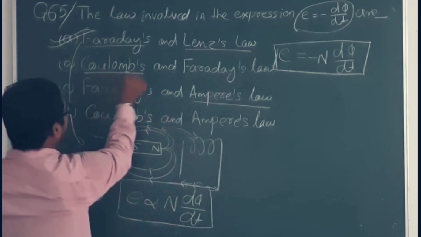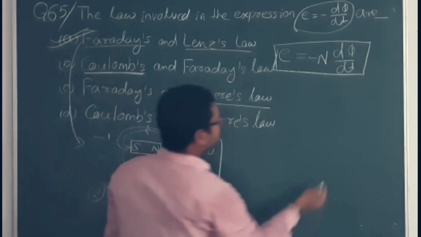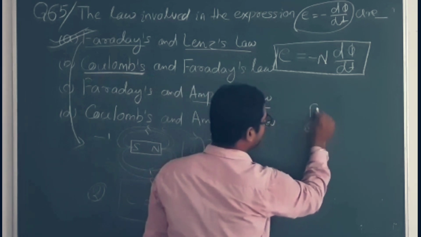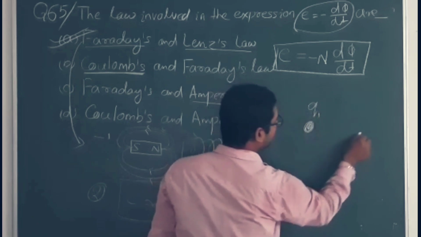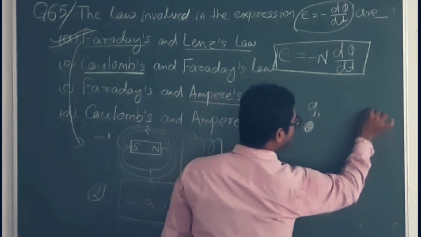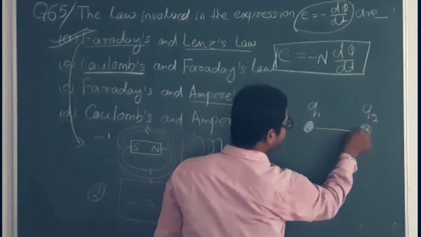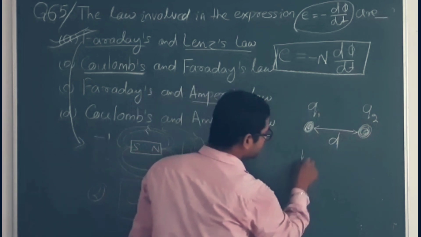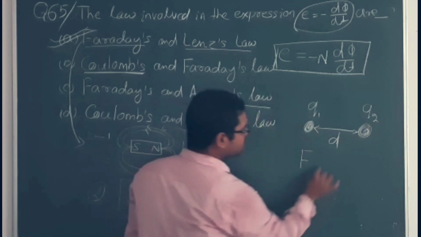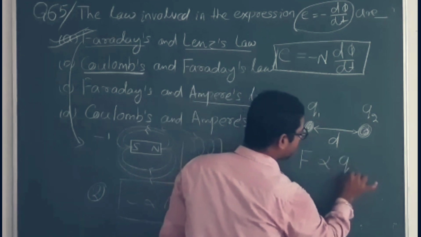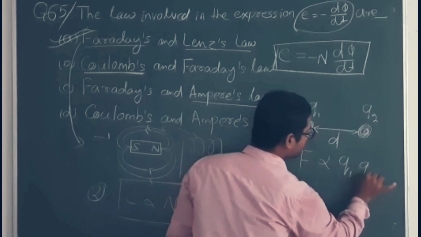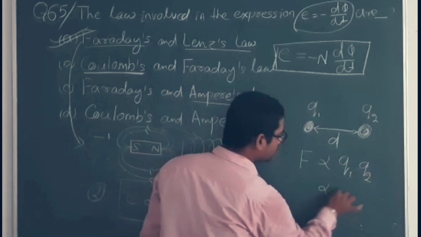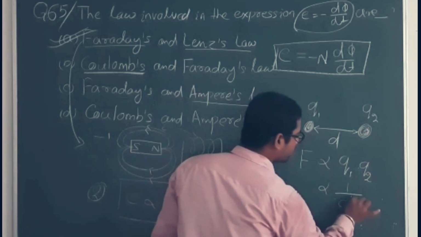So again, let us discuss Coulomb's law. What does Coulomb's law say? According to Coulomb's law, if there is one charge Q1, another charge Q2, and the distance between these two charges is d, then the force exerted, F, is directly proportional to the product of the two charges Q1 and Q2, and inversely proportional to the square of the distance.